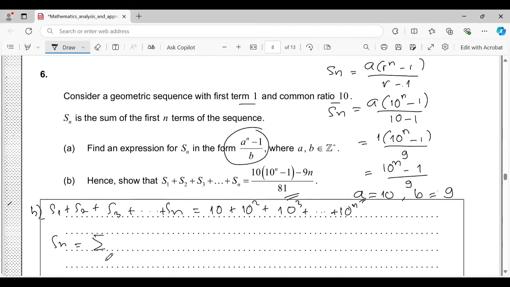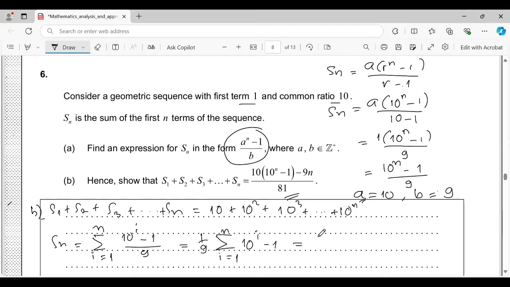It is the sum for i equals 1 to n of 10 to the power i, according to this result, which is 1 over 9. Okay, it becomes 1 over 9 in front of sigma, i equals 1 to n of 10 to the power i minus 1.